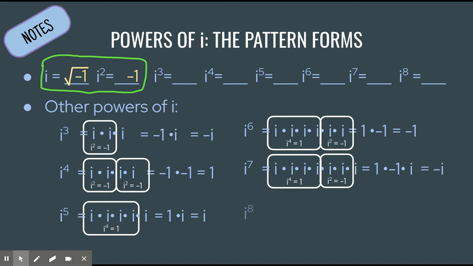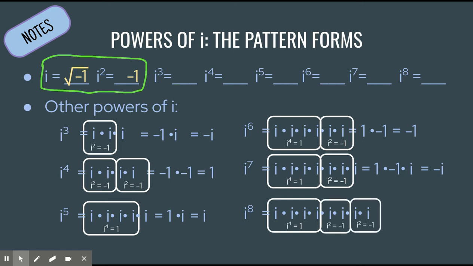Then, if I do all 8 of them, I can group the first 4 together, and then I'm actually just going to make this into 2 sets of 2, just to show you that it doesn't really matter. I could have made this into one big 4, which equals 1, or -1 times -1 is still 1. So I have 1 times -1 times -1, which is positive 1.